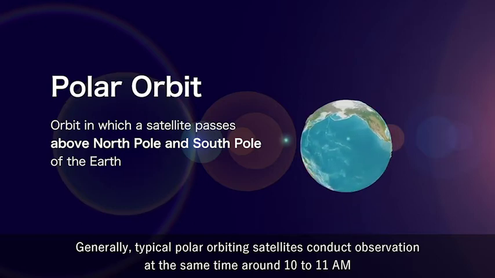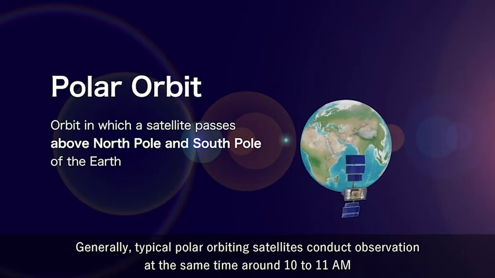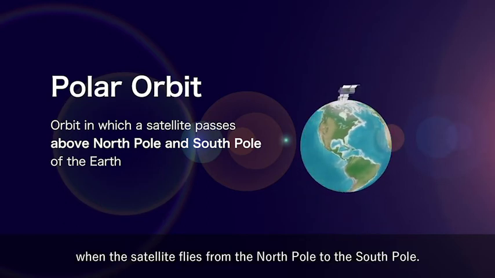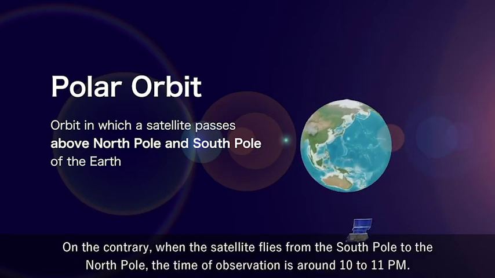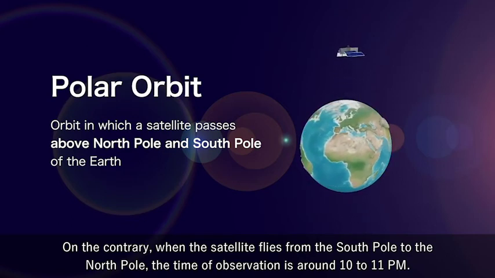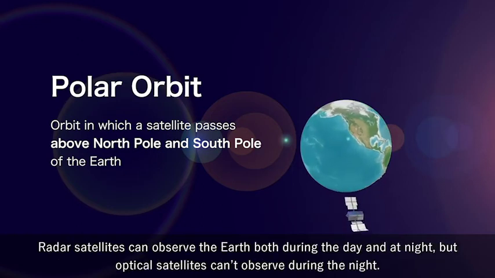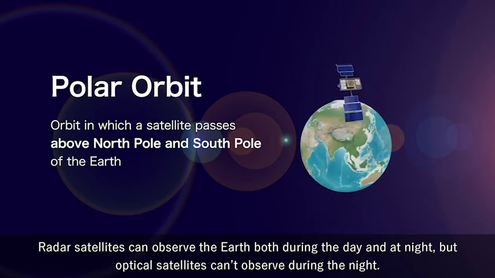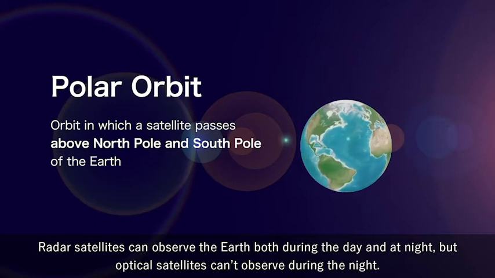Generally, typical polar orbiting satellites conduct observation at the same time, around 10 to 11 a.m., when the satellite flies from the North Pole to the South Pole. On the contrary, when the satellite flies from the South Pole to the North Pole, the time of observation is around 10 to 11 p.m. Radar satellites can observe the Earth both during the day and at night, but optical satellites can't observe during the night.